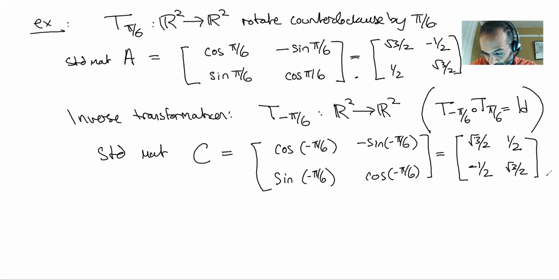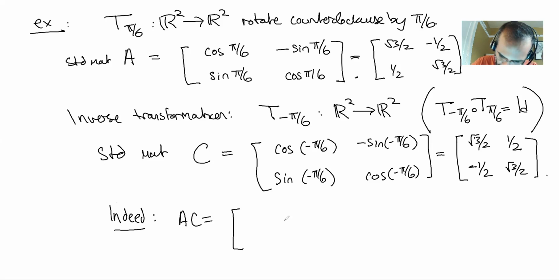And if the theorem is true, then these should be inverse of each other, right? Let's check. Indeed, A times C, we have to multiply these two matrices, and we know how to do that. The first entry is going to be 3/4 plus 1/4. The second entry is square root 3 over 4 minus square root 3 over 4.